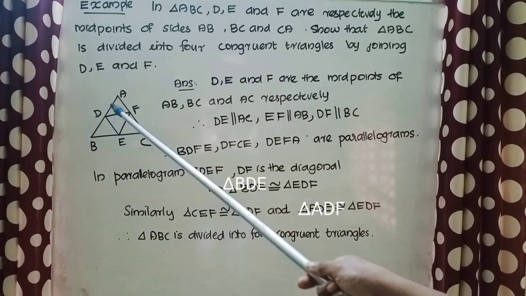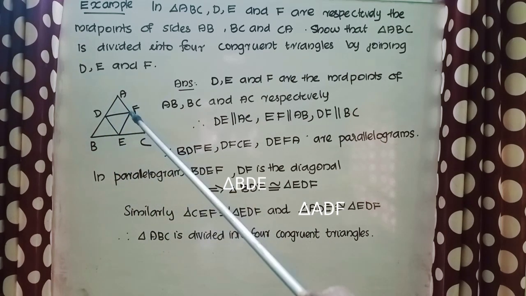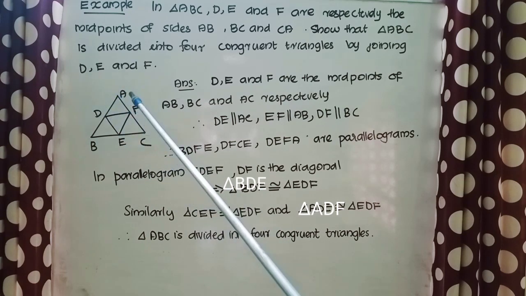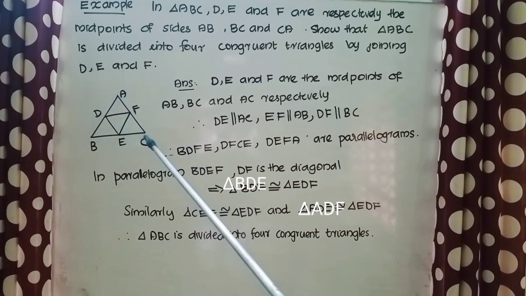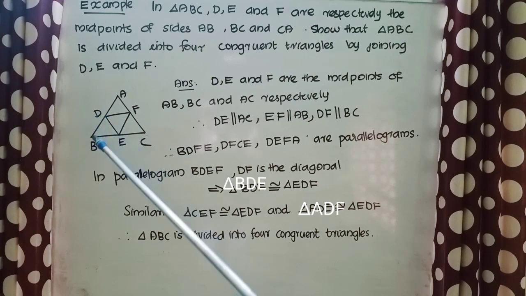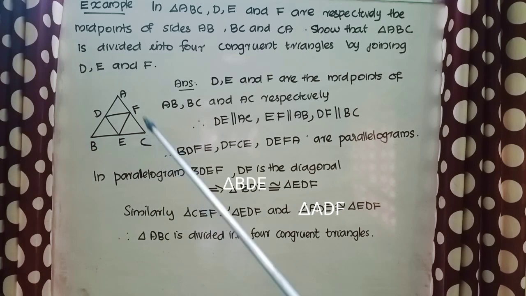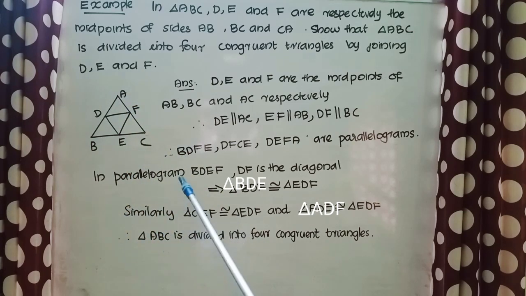We need to prove these four triangles are congruent triangles, that is triangle ADF, triangle EFC, triangle BDE and triangle DEF. ABC is divided into four congruent triangles.